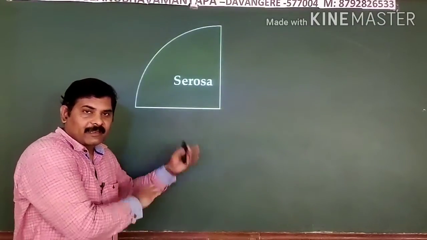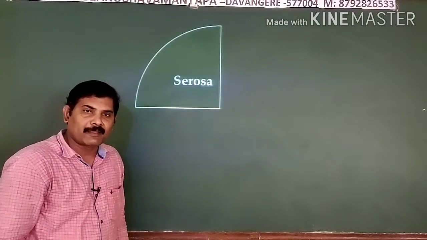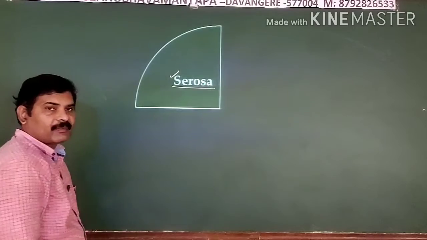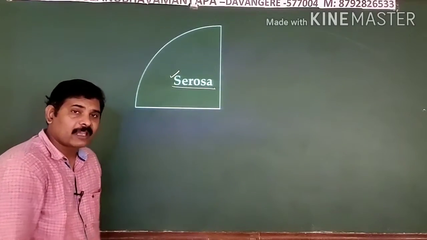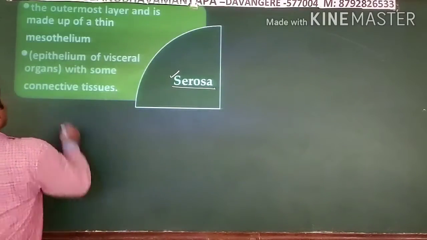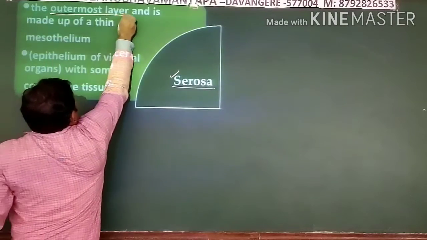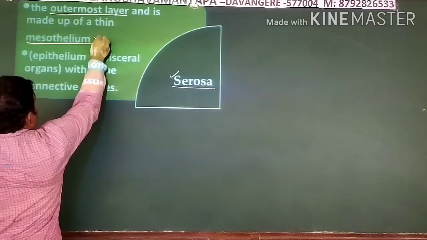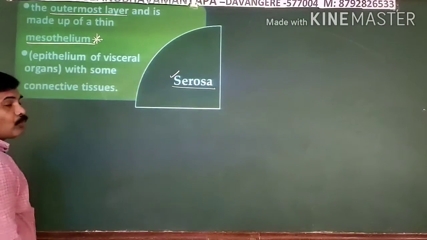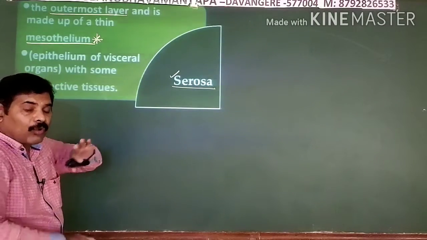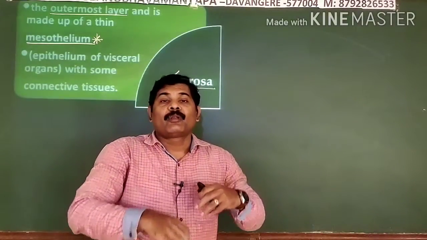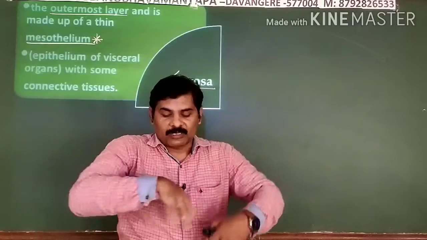As I said, the first layer of your alimentary canal is known as serosa. What is this serosa made up of? It is the outermost layer of your alimentary canal, which is made up of mesothelium. The mesothelium is present around the visceral organs, meaning the organs present in your abdominal cavity or thoracic cavity.